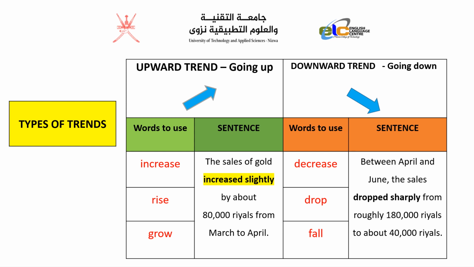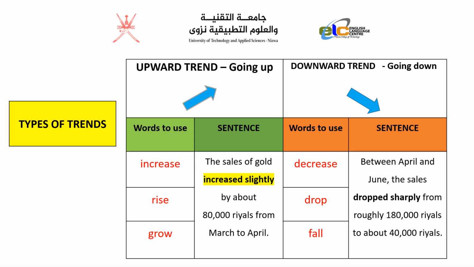An example of a sentence is, the sales of gold increased slightly by about 80,000 riyals from March to April. Notice that the verb is in the past form, as the year indicated in the graph is 2018.